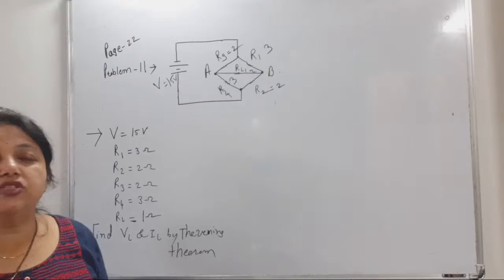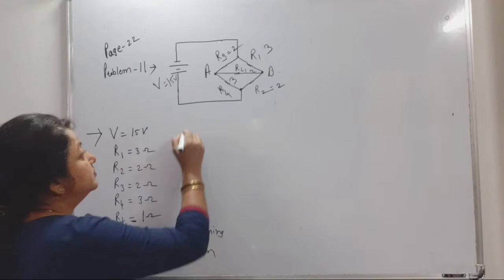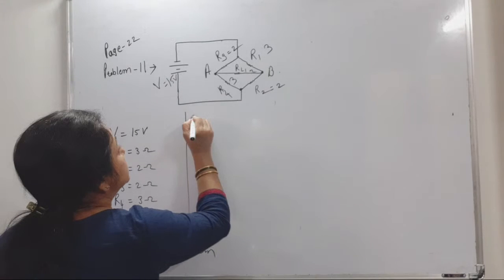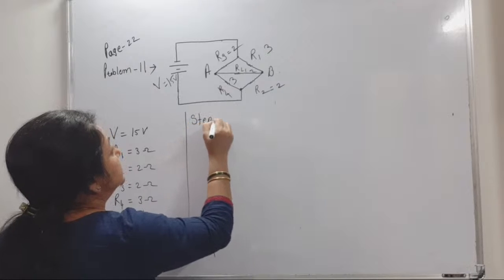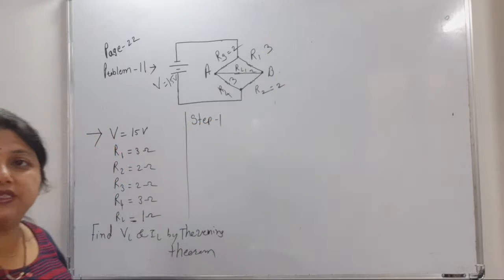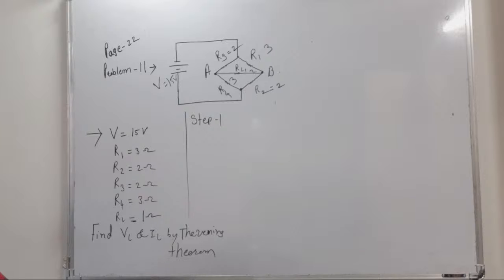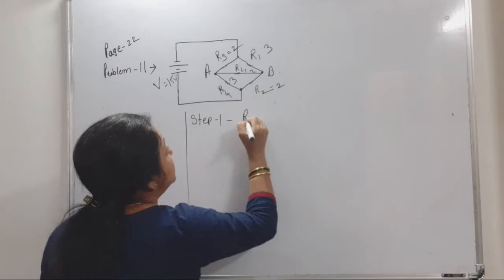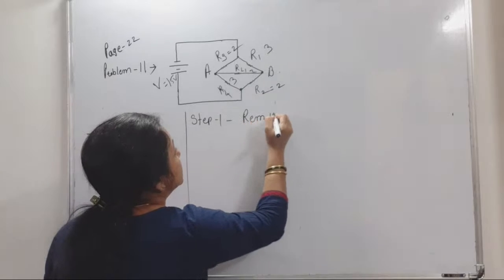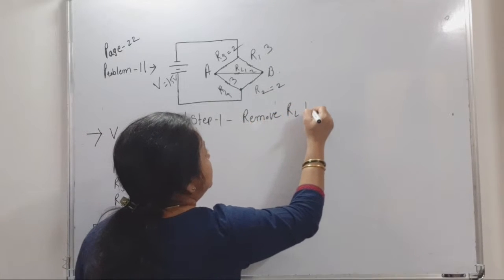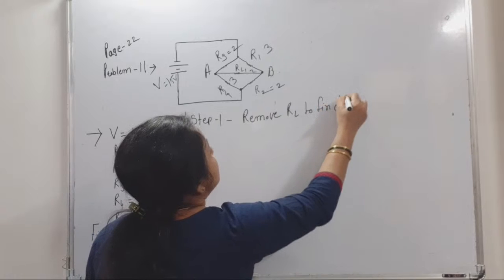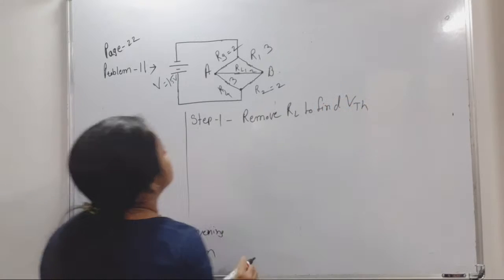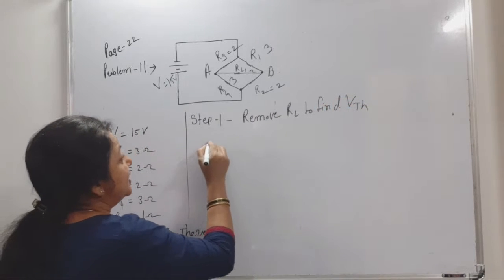So what is the first step of Thevenin's theorem? Remove load resistance RL to find VTH. Okay. Remove RL to find VTH. So what is our circuit diagram?